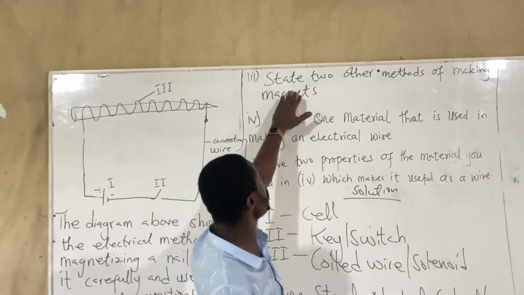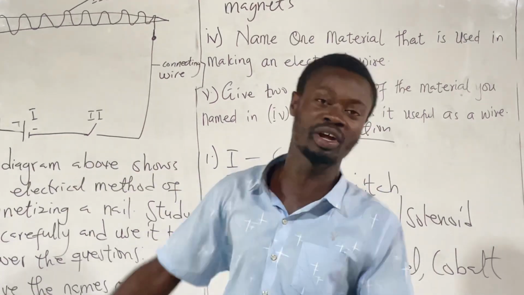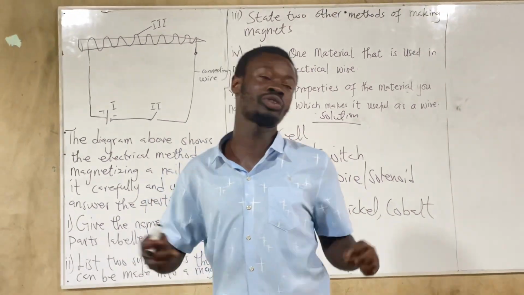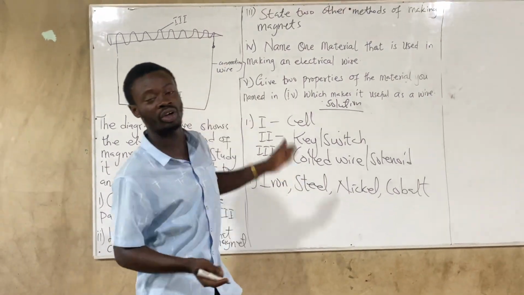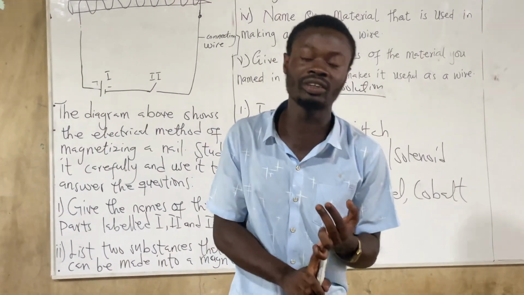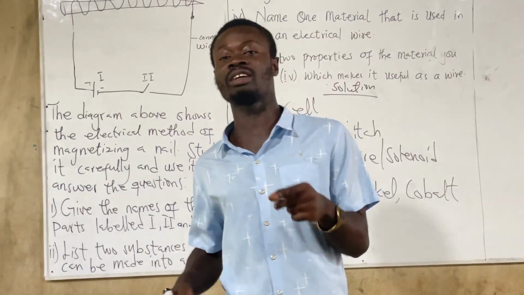III. State two other methods of making magnets. Apart from this electrical method of making magnets, what other methods can we use to change a magnetic material into a magnet? Apart from the electrical method, we can talk about the double stroke method, the single stroke method, and the magnetic induction method.